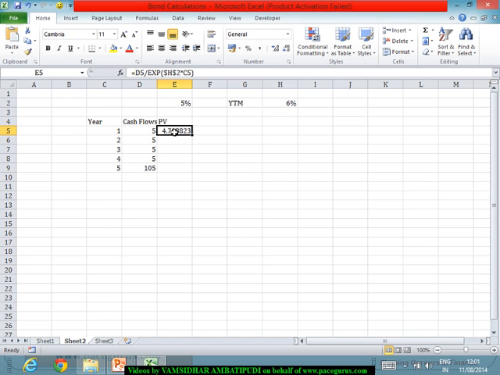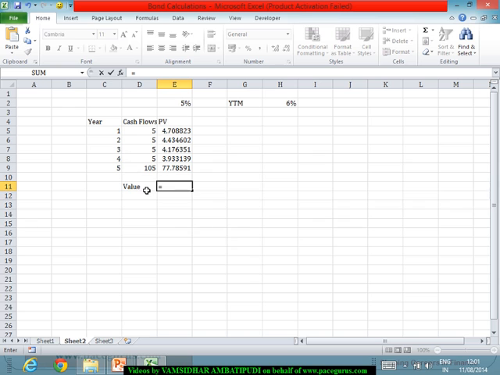These are the present values, and from here I get the value of the bond. The value of the bond is the summation of all these, giving 95.03 as the theoretical price of the bond.